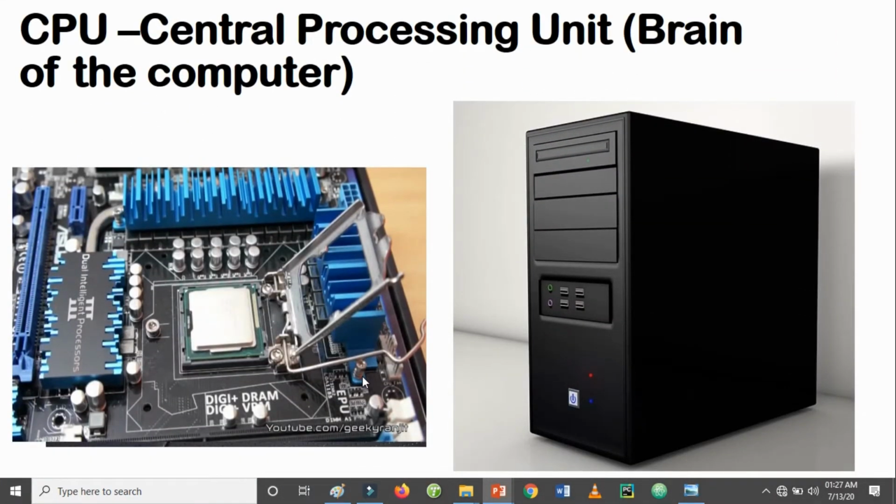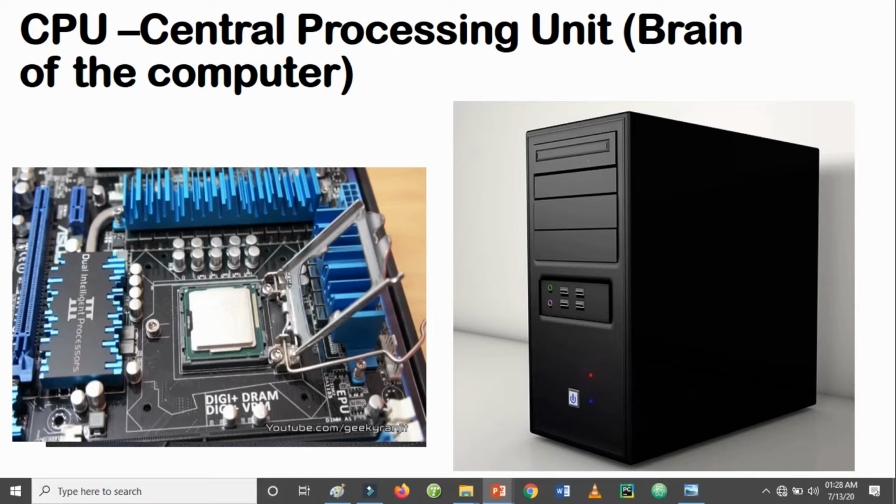And then we've got the CPU. We talked about the CPU before, but now I'm going to go a bit further. CPU is a short form, and the full form is Central Processing Unit, and it is also called the brain of the computer.